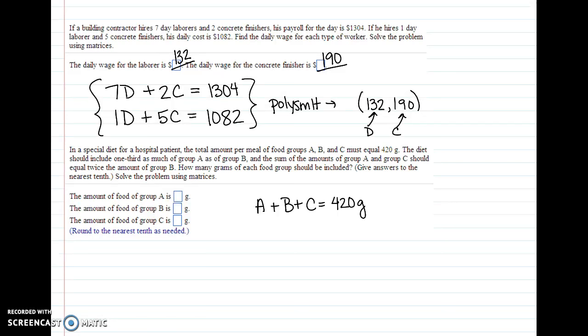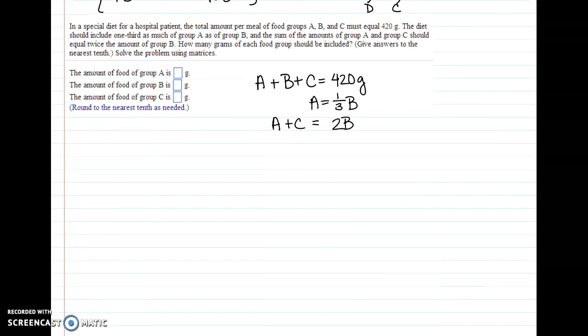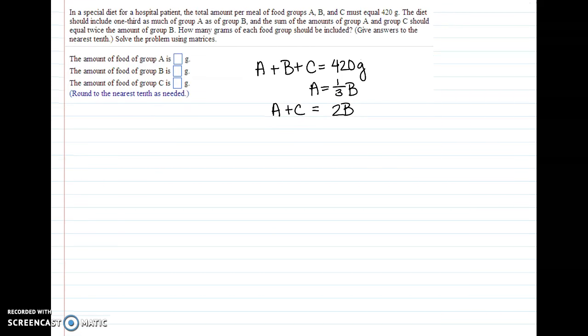The diet should include 1/3 as much of group A as of group B. That's kind of a weird way to write that, but basically they're saying that group A should only be 1/3 as much as food group B. Okay, and then the other information they tell us is that food group A and C should equal twice the amount of food group B. So A plus C needs to be twice food group B. So you can see that we've written ourselves 3 equations, and we've got 3 variables, A, B, and C.